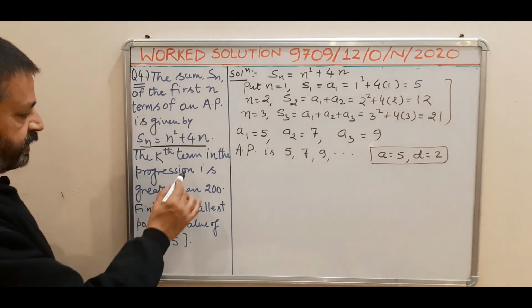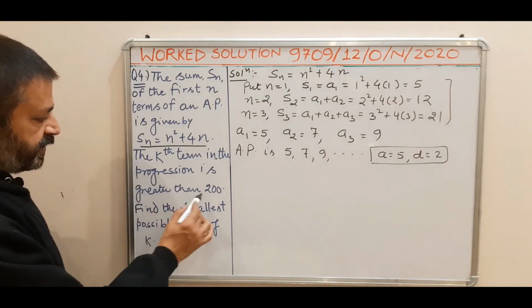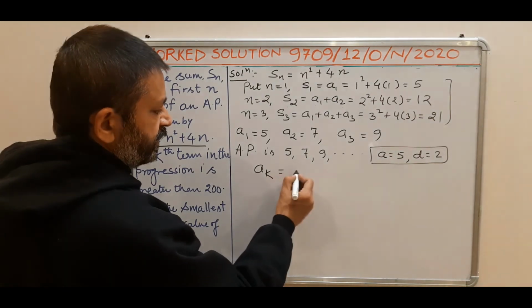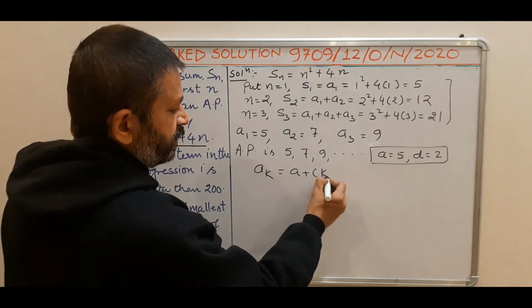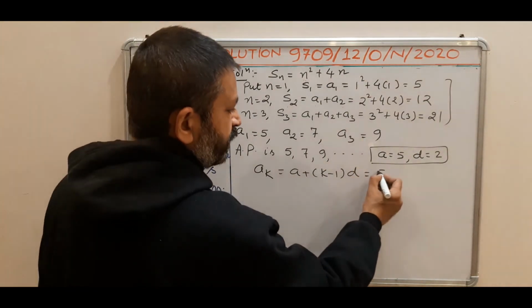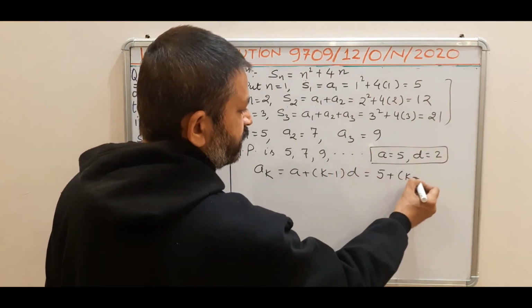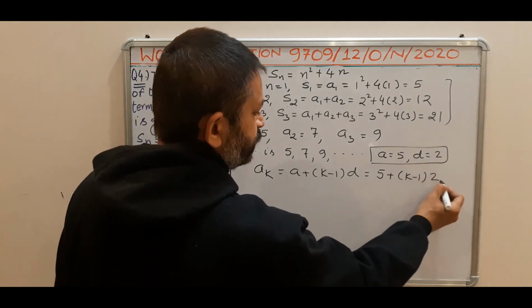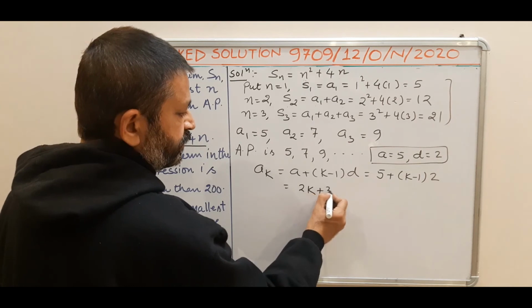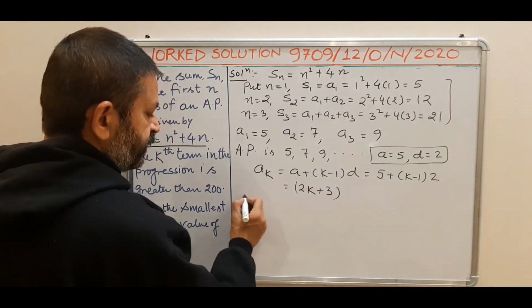Now the next part is that the kth term in the progression is greater than 200. So first we will find the kth term, that is Ak. What is Ak? a + (k − 1)d. a is 5, d is 2, so it will become 2k + 3.